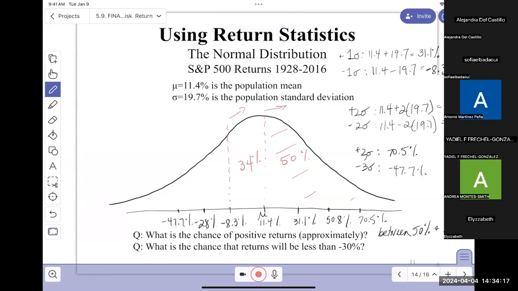Or you could use the standard normal distribution. You can say the probability X is greater than 0, and then standardize and get the standard normal and figure it out.